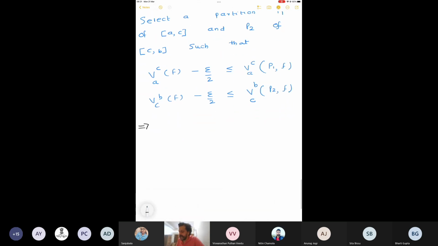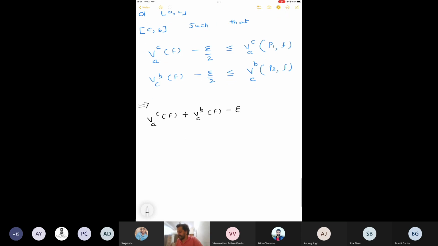That implies now you add: V over AC of F plus V over CB of F minus epsilon is less than or equal to V over AC P1 of F plus V over CB P2 of F. Okay. Variation of F over AC and CB corresponding to partition P1 and P2.